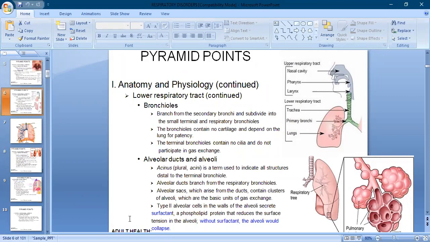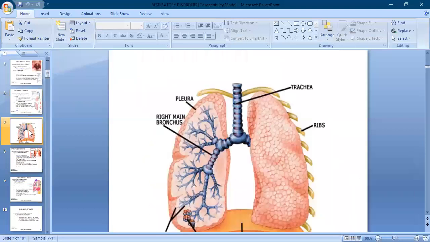Surfactant. So surfactant is a phospholipid protein. So surfactant is a protein but mixed with phosphorus and lipid that reduces the surface tension in the alveoli. Without surfactant, the alveoli would collapse. What next?